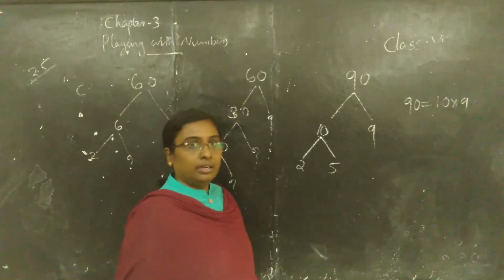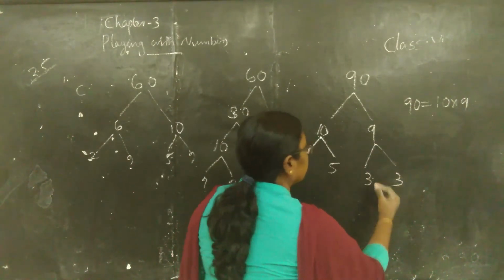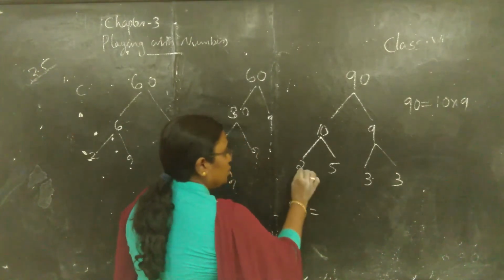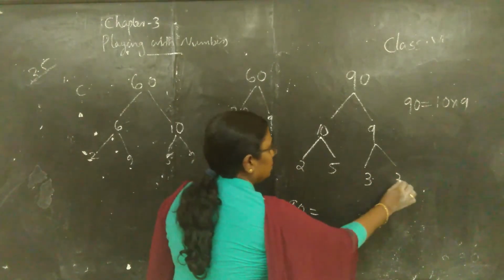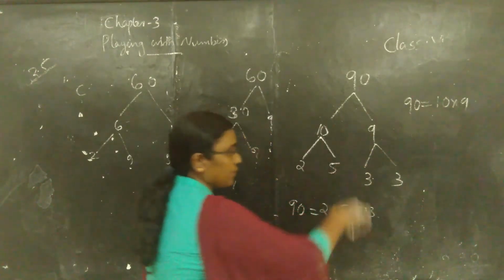Then 9 equals 3 into 3. Then 90 can be written as 2 into 5 into 3 into 3.